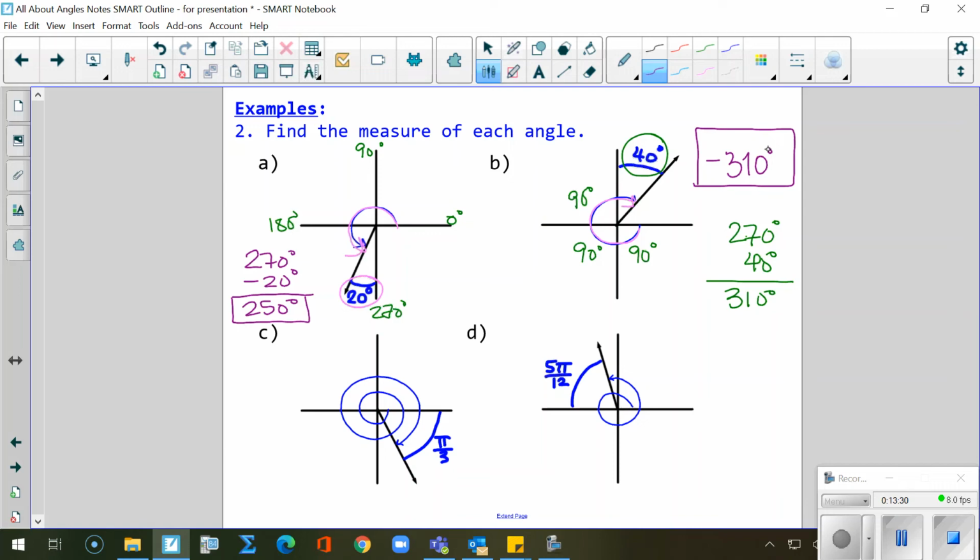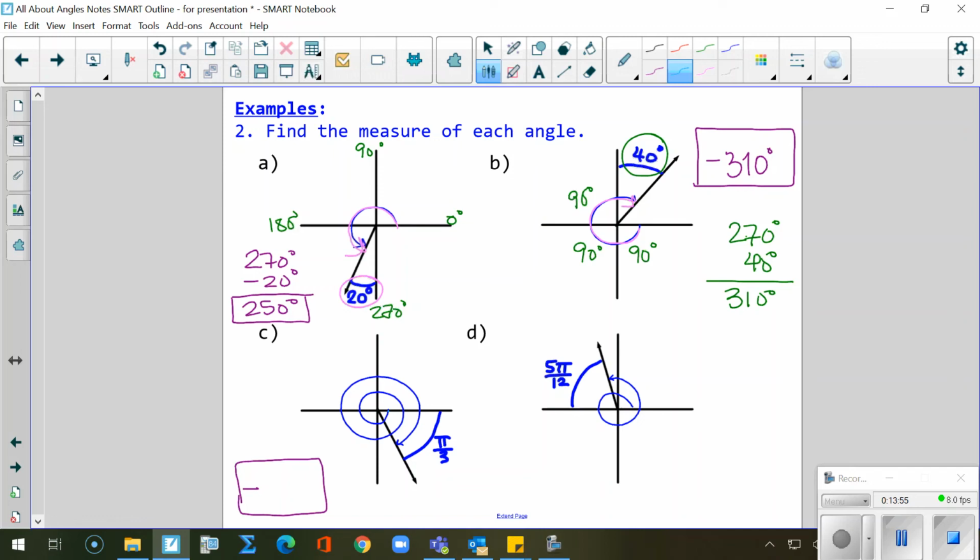Question C also goes in a negative direction. But this time we are working with radians. Again, radians are a little tougher just because we're not quite as familiar with radians. I'm going to trace the angle, recalling that each half circle is 1 pi.